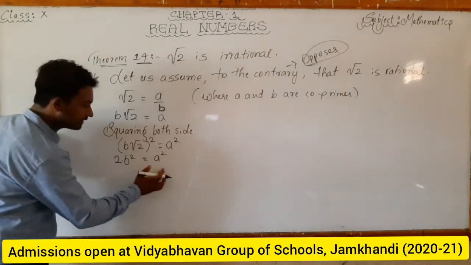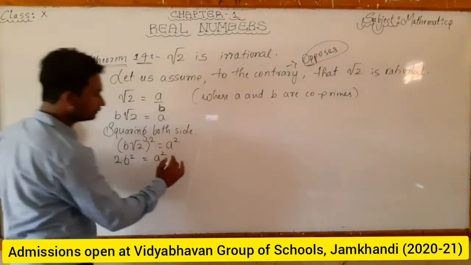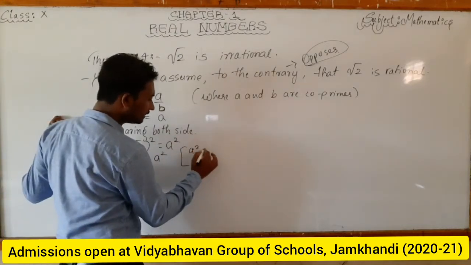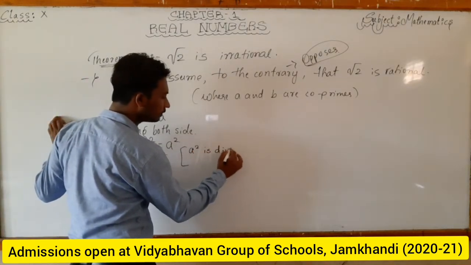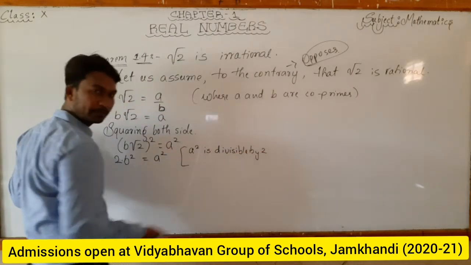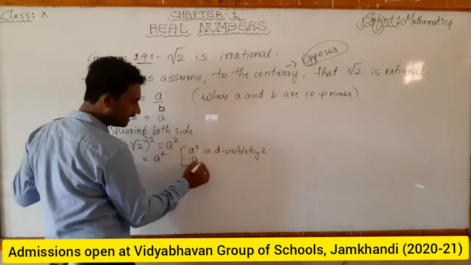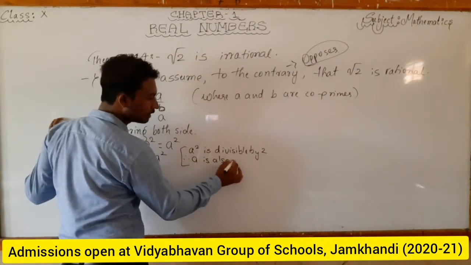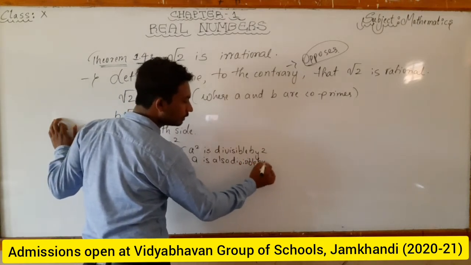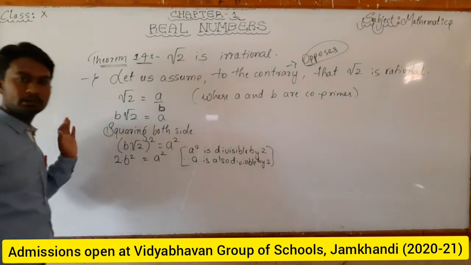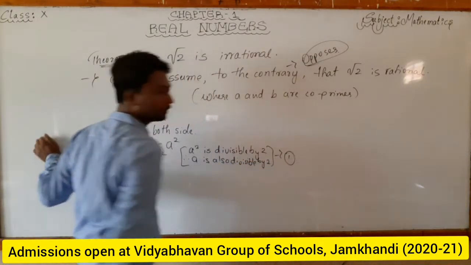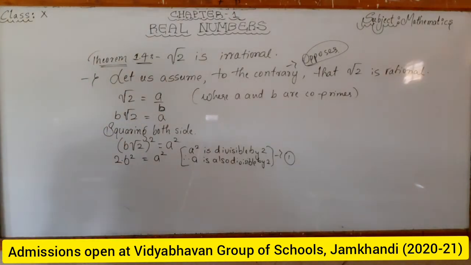I will write one statement: a square is divisible by 2. Therefore, a is also divisible by 2. Consider this as equation 1.